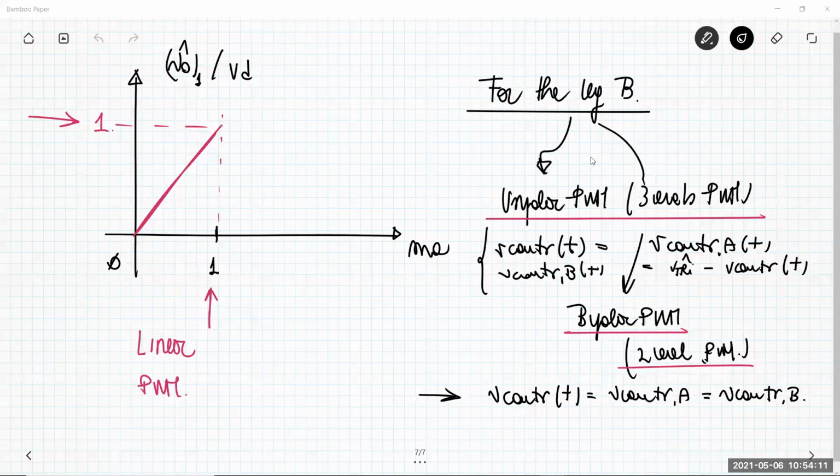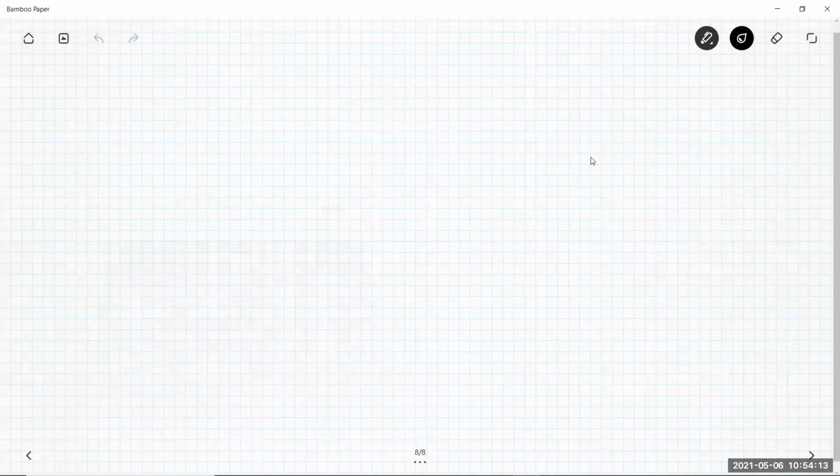Let me share the whiteboard here. You should remember that for positive output voltage, the transistors involved are TA plus, TB minus for having V0 equal to VD. Then we have TA minus, TB minus for having 0.